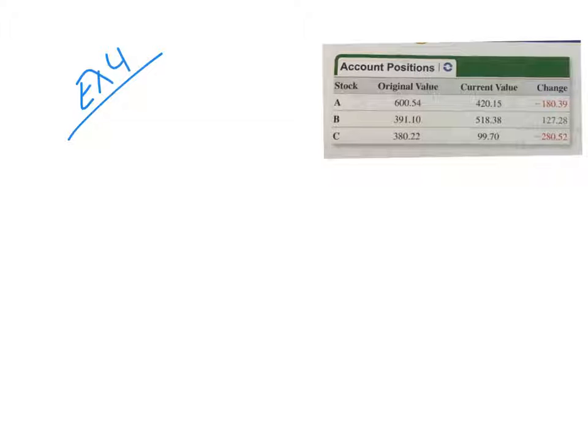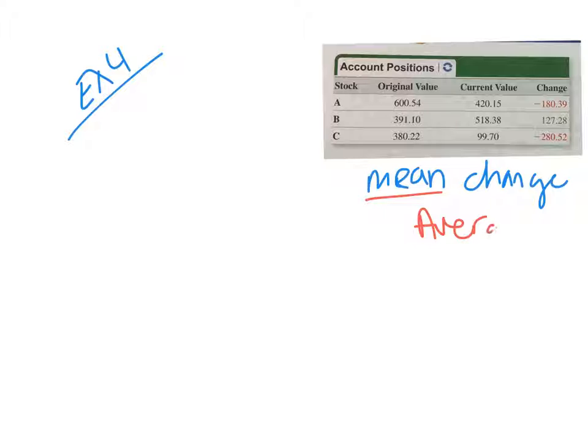So the question is, an investor owns stock A, B, and C. What is the mean change in value of the stocks? Okay, again, what is mean? Average. Yeah. So you're finding the average of these 3 stocks.